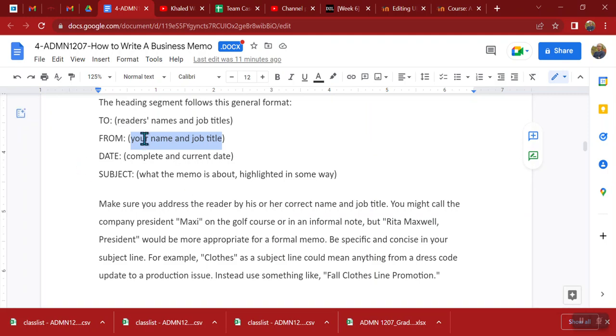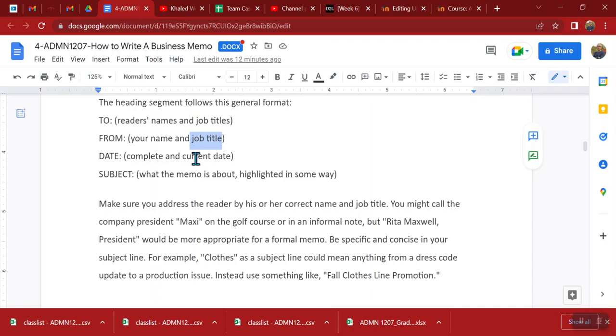So to here will be the CEO's name, and the job is the CEO. Here it's your name, exactly the name that you have as a student name, and also the job. In this case, your job is the same as your job in the case. It's role playing, so you need to play the same role.